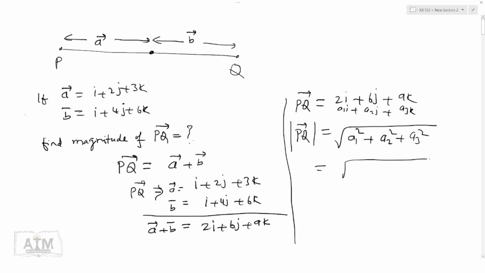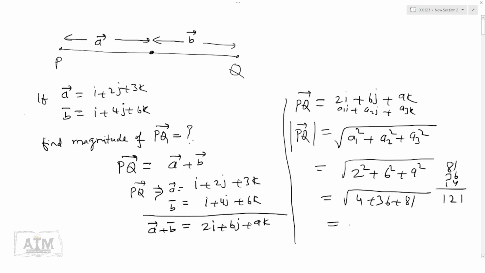So that is equal to the square root of 2 square plus 6 square plus 9 square, equals 4 plus 36 plus 81. So that is nothing but how much? 81, 36 and 4, that is 121. So that is the square root of 121, which equals 11 units. So that is the required solution.